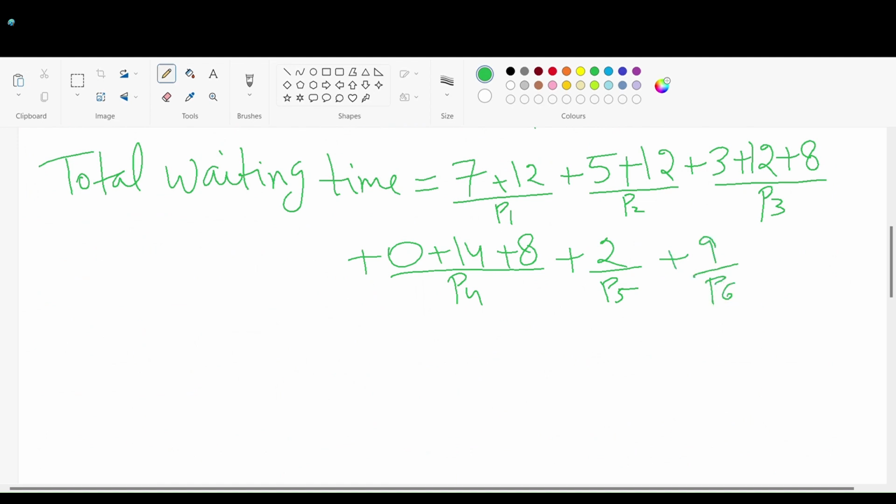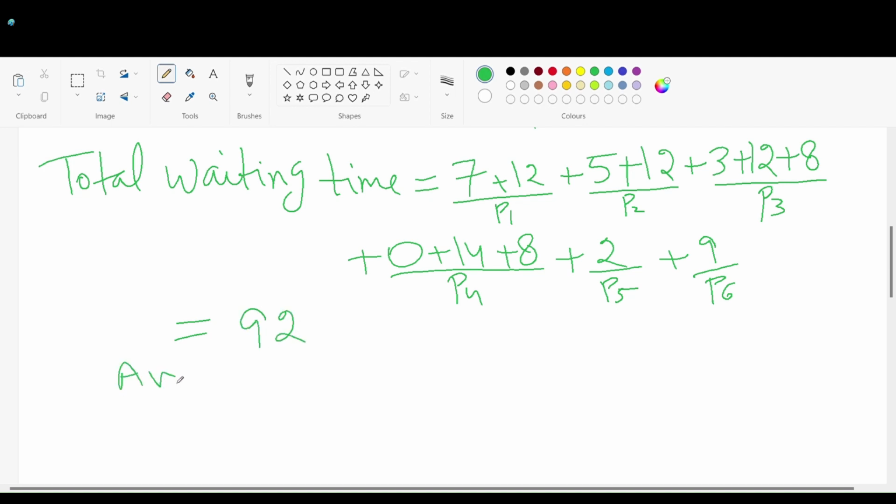So the total waiting time is equal to 7 plus 12, it's 19, plus 5 plus 12, it's 17, plus 12 and 8, 20, 23, plus 14 and 8, 22, plus 2 plus 9. So the total waiting time is 92.